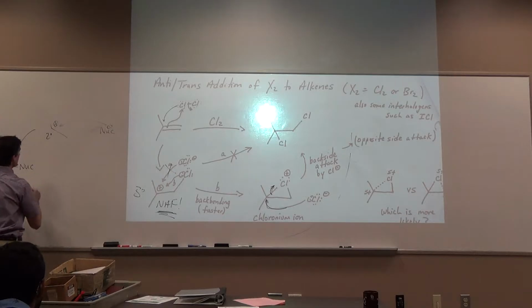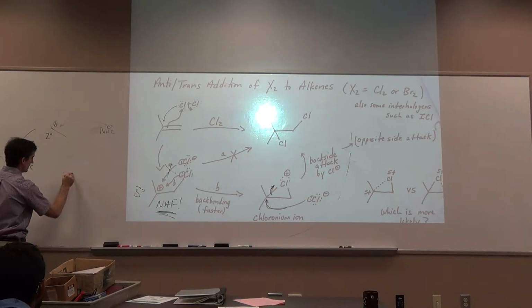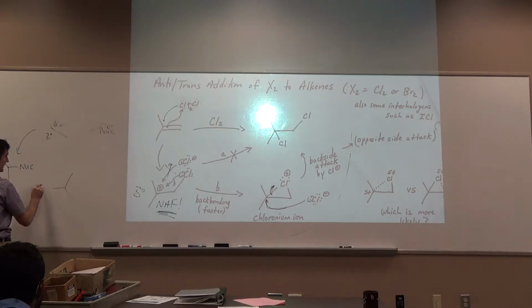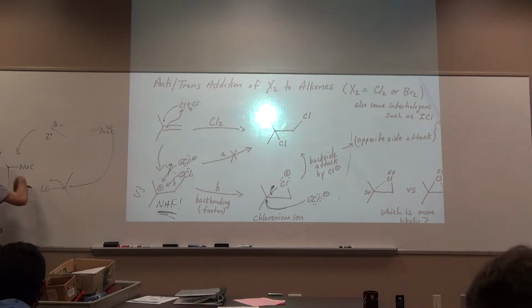Another way to get to this is to have some type of leaving group. Atom that can leave. And we can come in here and kick it off. That would give the same thing. Okay? Come in here and kick it off.